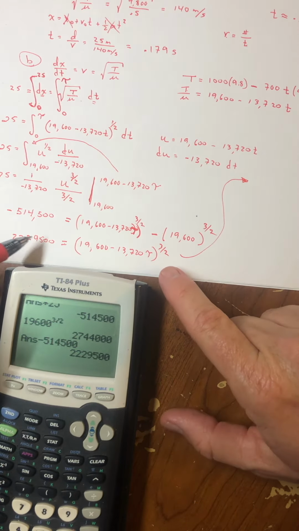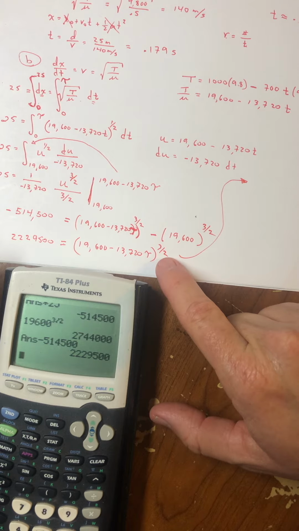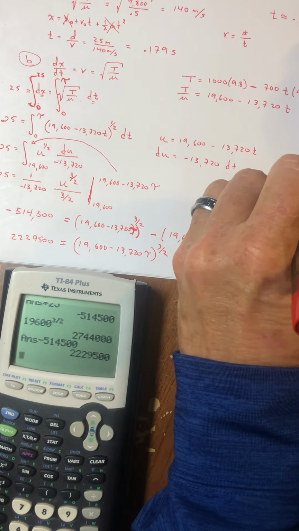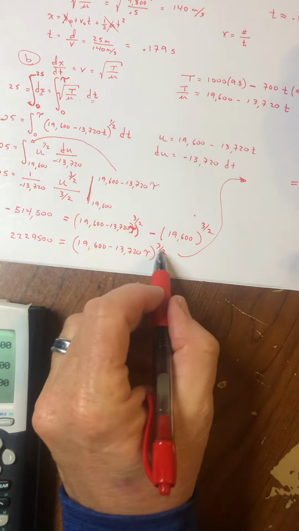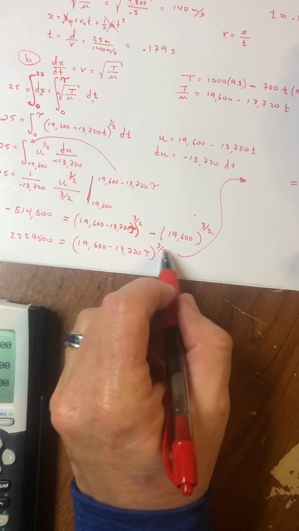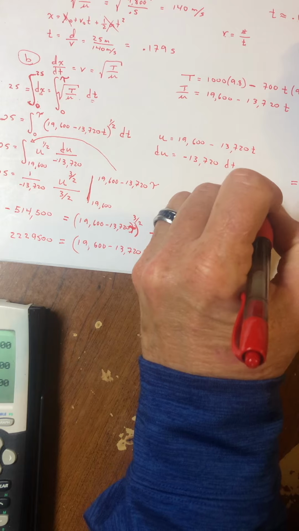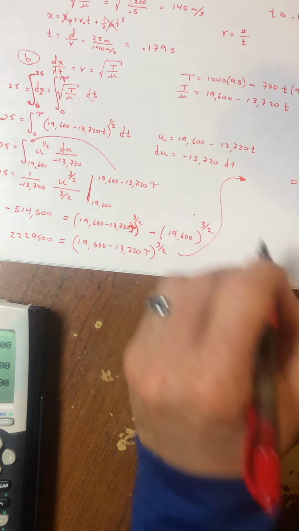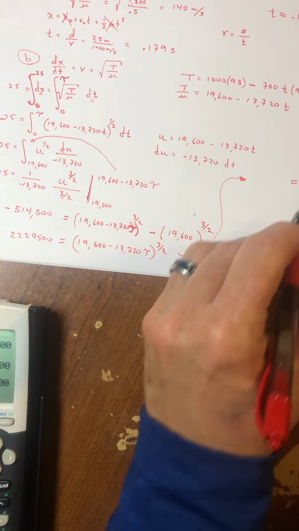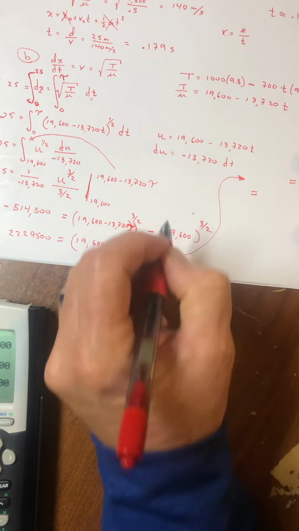Now, I will raise both sides to a factor of 2/3. Because when I raise that to a 2/3, now it's just left with a power of 1. So this is equal to, yeah, I didn't give myself the right spacing here. Let me put the equal here.